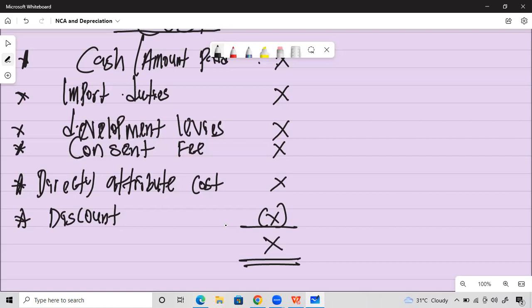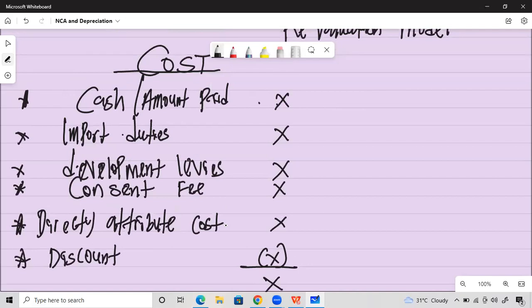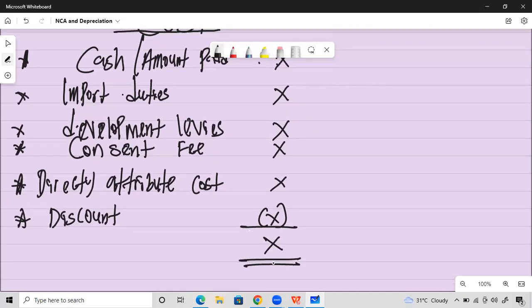Now, whatever you now have here, that will not be the amount that you are going to recognize as your cost for this particular asset.